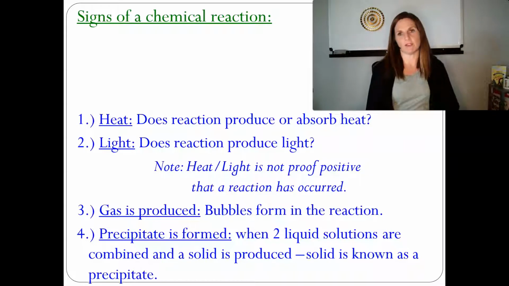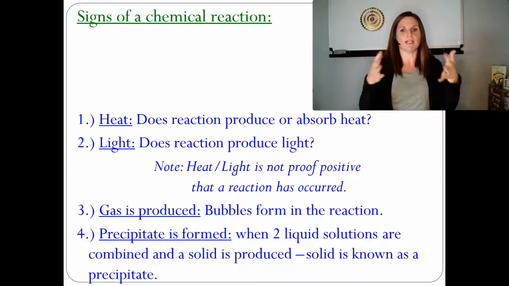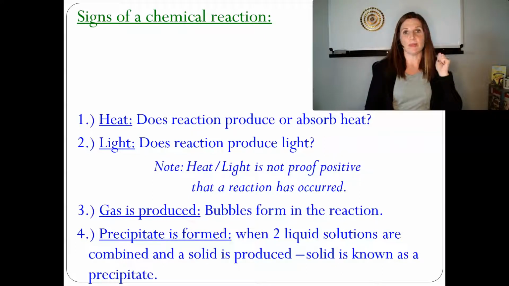Sometimes gas bubbles being produced are a sign of a chemical reaction. If you mix two things together and it starts bubbling and fizzing, like with the baking soda and vinegar that we did at the very beginning of the year, that kind of gas produced is an indicator that you are observing a chemical reaction. And last but not least, there is a process called precipitation.